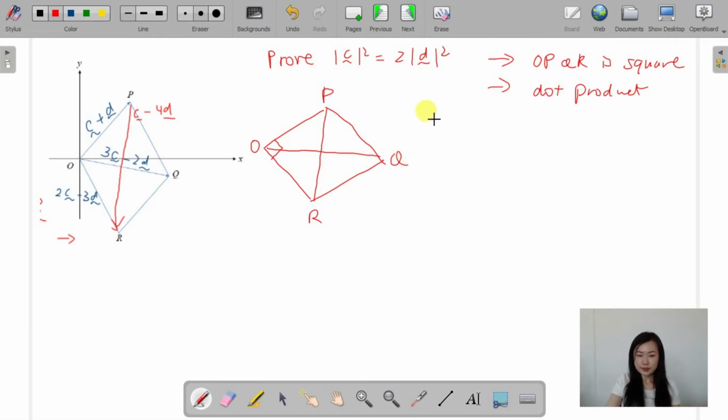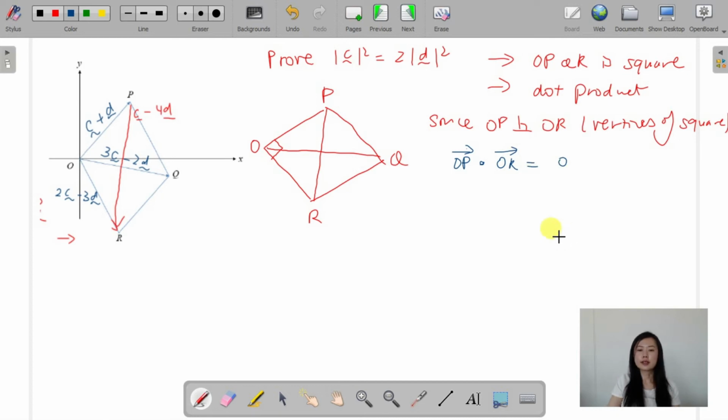So the dot product, okay? So OP and OR should have a dot product of 0, okay?